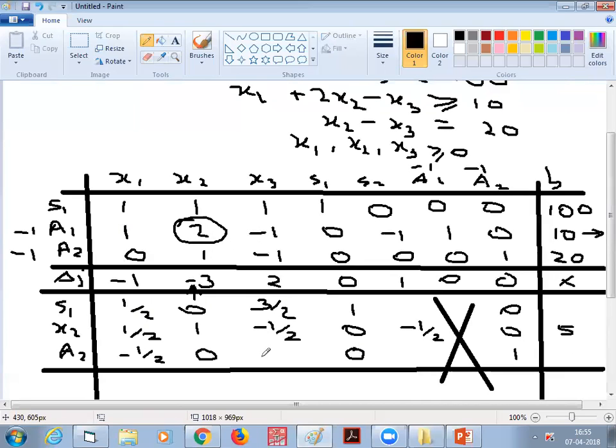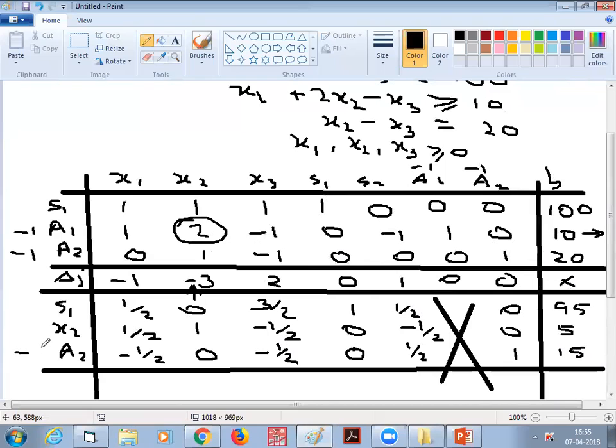Minus 2 plus 1 is minus 1 by 2. 0 plus 1 by 2 here. And 0 again plus 1 by 2 here. 200 minus 10 is 190 by 2 is 95. And 40 minus 10 is 30 divided by 2 is 15. Okay, very simple.